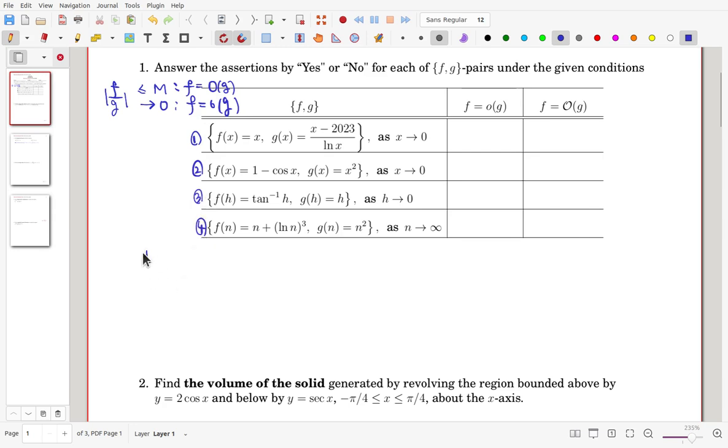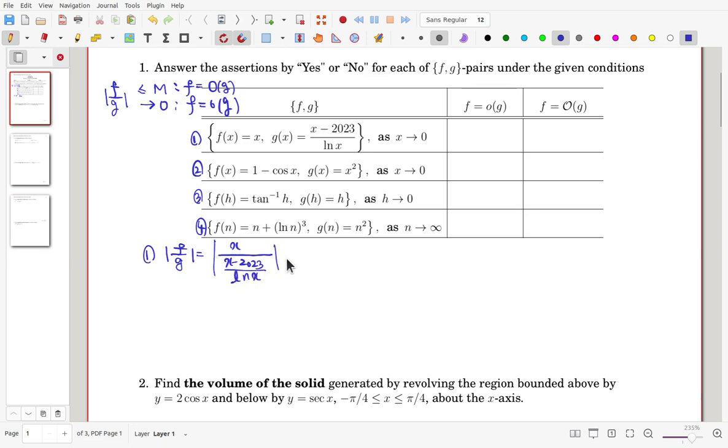Okay, let's begin with number 1. Now f over g is (x minus 2023) over logarithm of x.